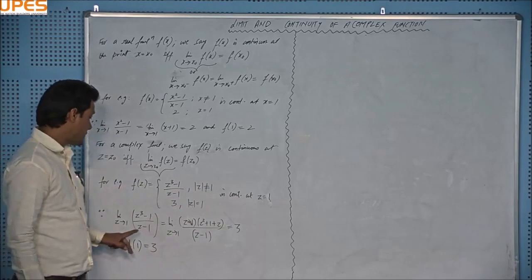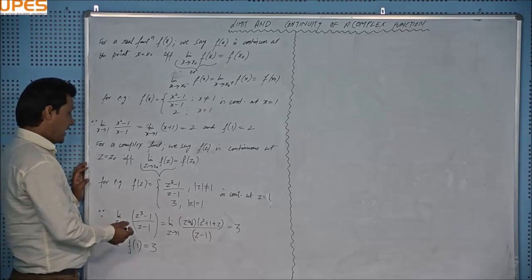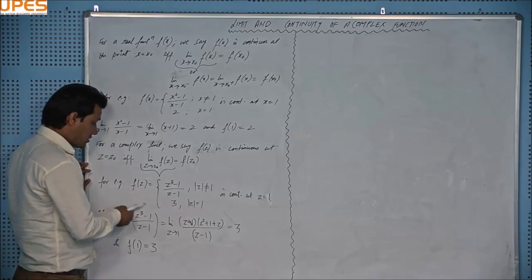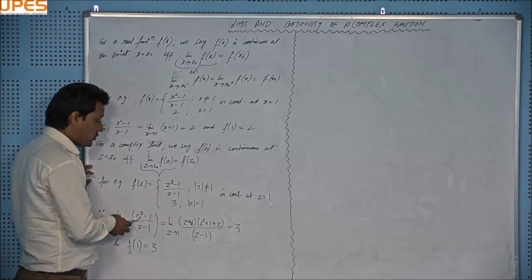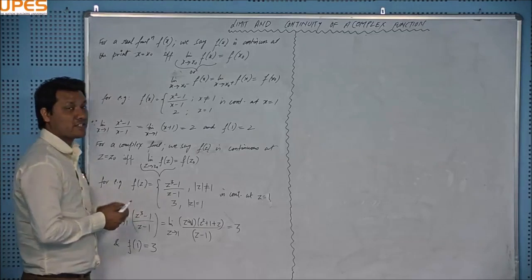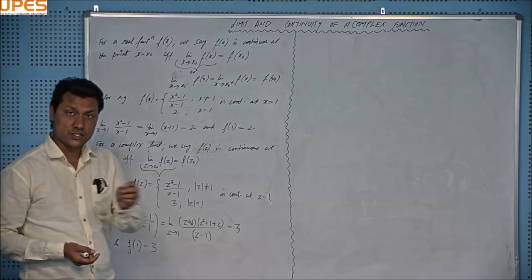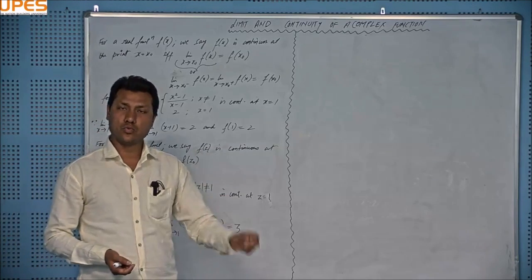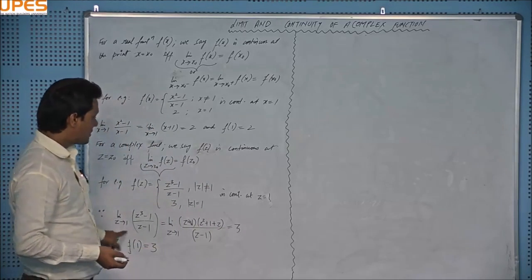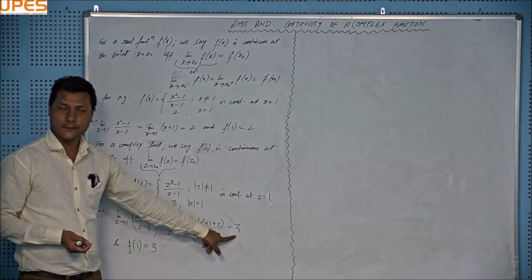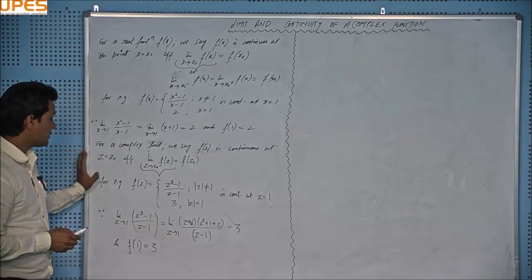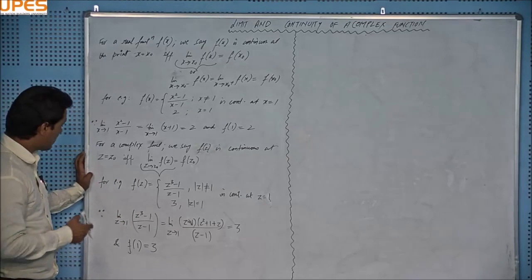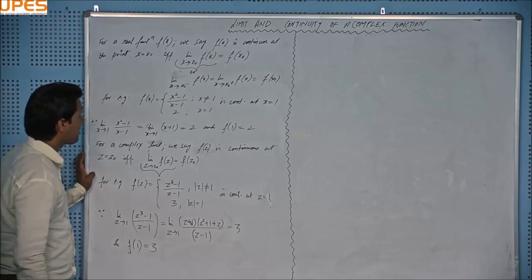Moreover, if you choose any curve, meaning if you convert this z function into an xy function, writing z equal to x plus iota y, and then choose the path x equal to 0, or y equal to 0, or y equal to mx, you will get the same result, 3. So this function is a continuous function at z equal to 1. Let me take another example.